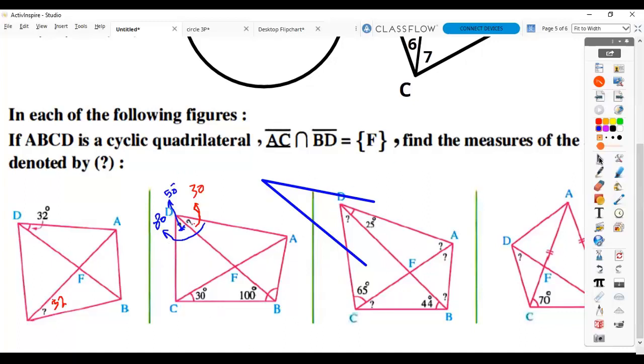And here, the third one. If I do the same, I go to one of the known, 45 subtended by AB. So this one is also equal to 25.